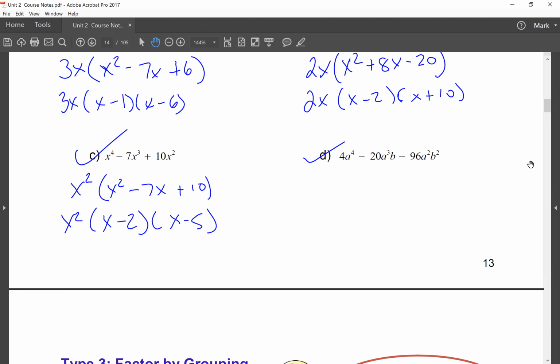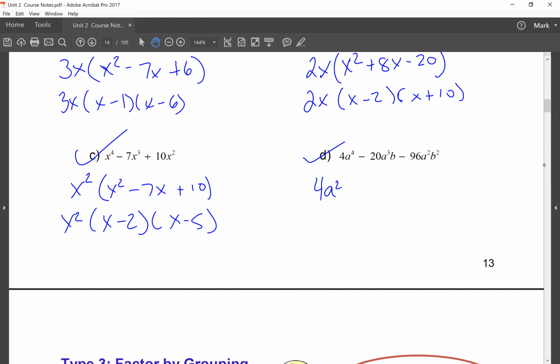Okay, what about D? I think the GCF for D looks a bit scary. I can take a 4 out of all of these. What is 96 divided by 4? It's 24. So I can take a 4 out of all of these numbers. What else can I take? I can take at least 2 A's.